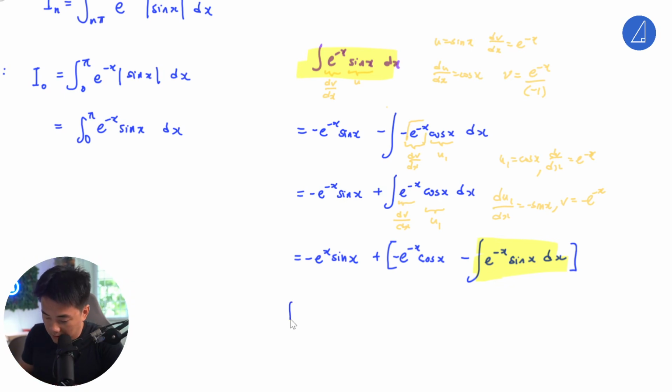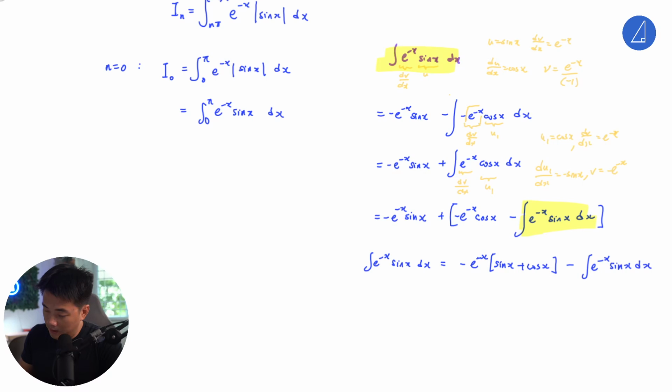So what we get is the integral of e^(-x) cosine x dx is equal to minus e^(-x) cosine x minus the integral of e^(-x) sine x dx. Once done, you know that this will be equal to this guy, so I rewrite this guy here. This is this and this is this. So that's its own solution. You just bring it over, just like algebra.